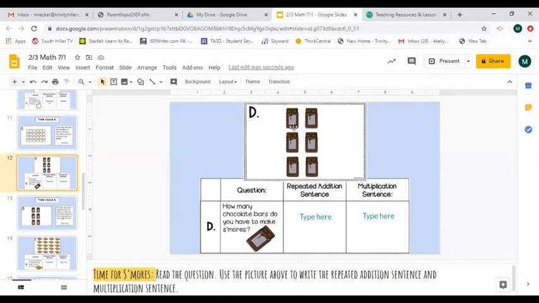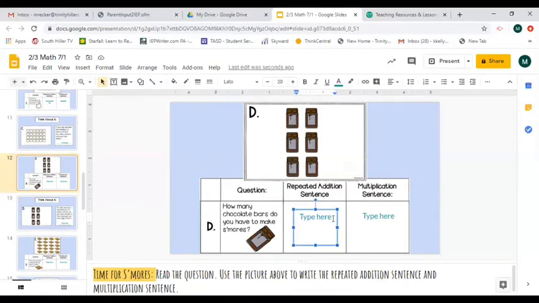So I see up here that we have 1, 2, 1, 2, 1, 2. So I have 3 rows with 2 in each row. So my repeated addition is 2 plus 2 plus 2 equals 6.